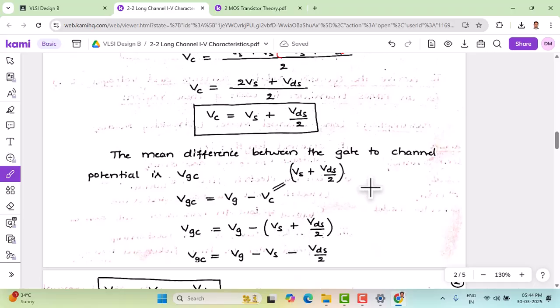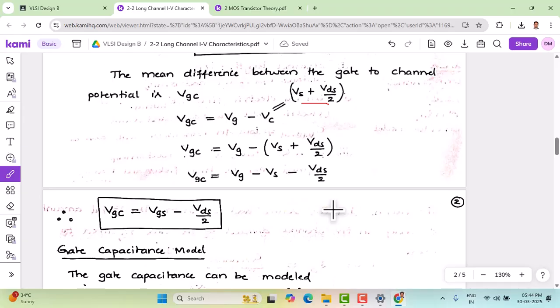Now the difference between the gate and channel potential, that is VGC, is worked out as follows. VGC is nothing but the difference Vg minus Vc, the voltage at the gate minus the voltage at the channel. But we already know the voltage at the channel, which is Vs plus Vds by 2, and that can be substituted in place of channel potential. So VGC equals Vg minus (Vs plus Vds by 2), and removing the bracket, VGC equals Vg minus Vs minus Vds by 2.